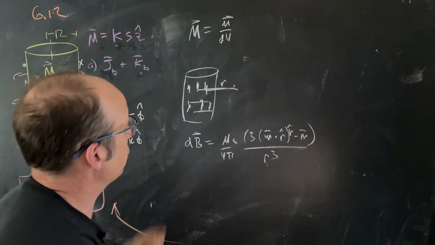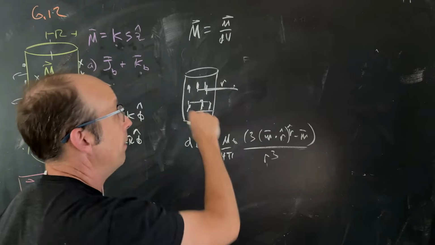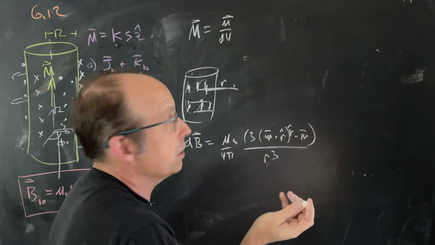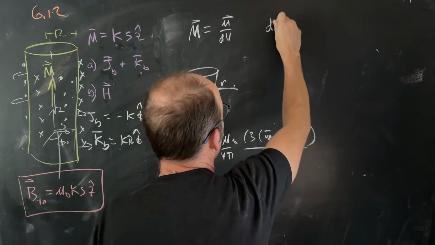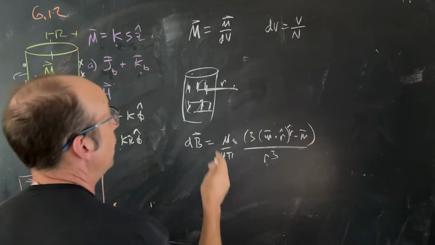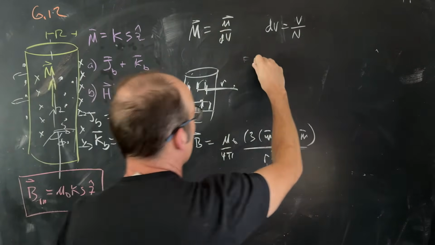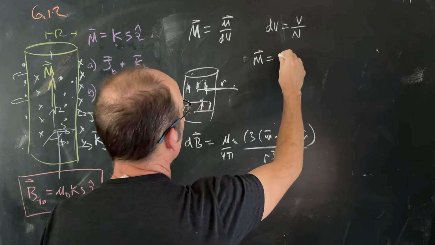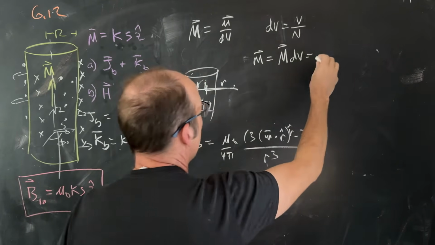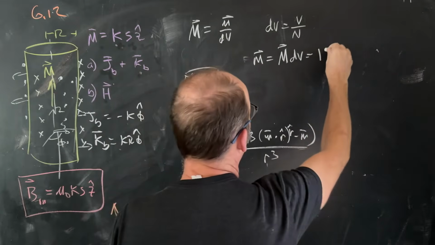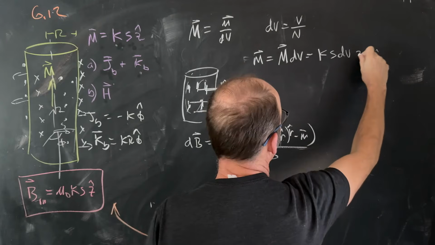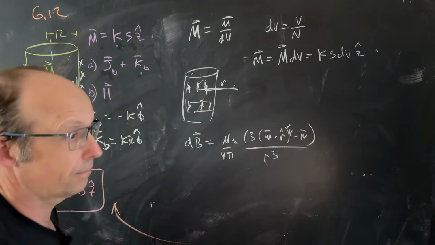Well, what I'm going to do is make a cylinder. I'll make a bunch of random points inside that cylinder in a Cartesian distribution. So I can say dV is going to be the total volume divided by the total number of pieces. And then I can find the magnetization: m is going to be equal to M dV, and that's going to be equal to K S dV z hat, so in the z direction.